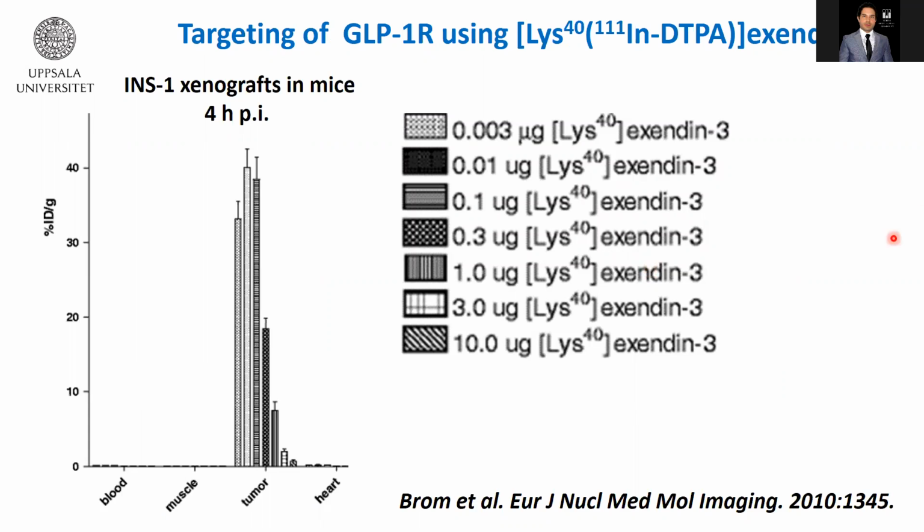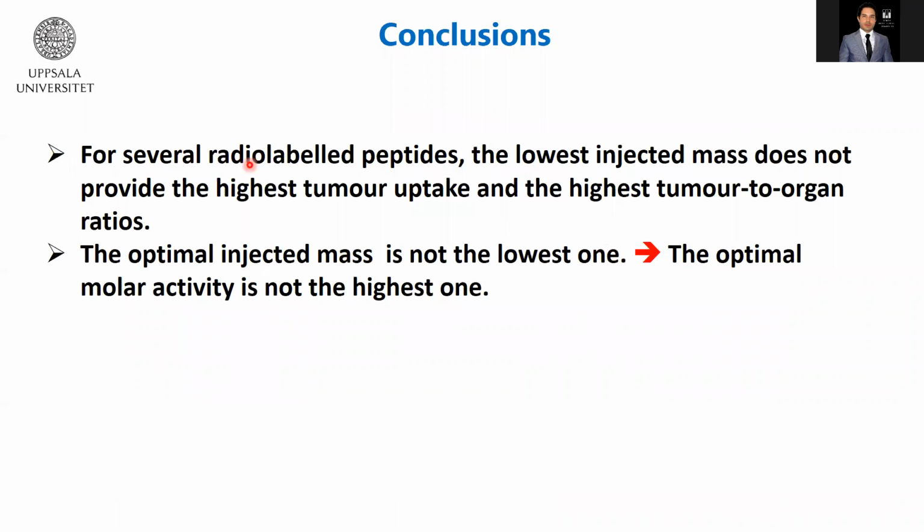The same effect has been observed for targeting of the glucagon-like peptide receptor using exendin. Again, too low injected mass or too high specific activity resulted in lower tumor uptake compared to the optimal specific activity.